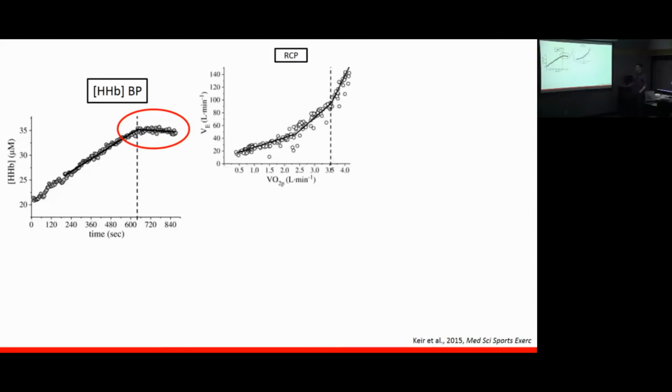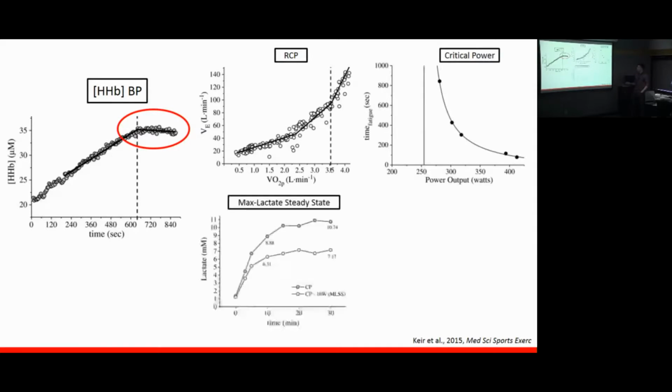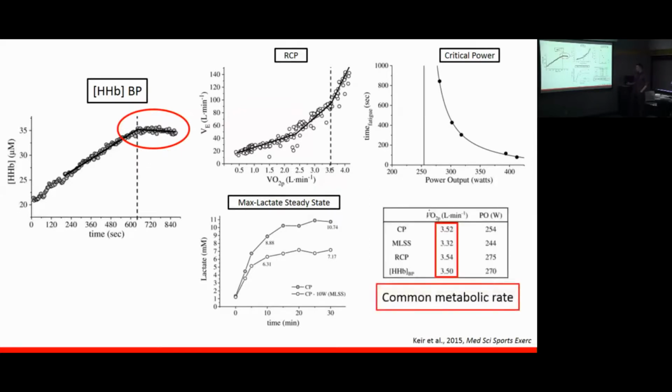And it has also been associated with other indices of aerobic fitness or variables of metabolic homeostasis, such as the respiratory compensation point, which is the hyperventilatory response during ramp incremental exercise, critical power, and maximal lactate steady state. All these markers are demonstrated to occur at a similar metabolic rate, so at a similar VO2, as we see in this table.